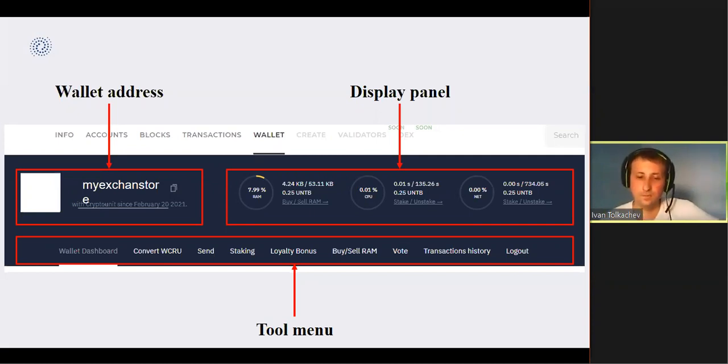We have the loyalty bonus function, with all the information about the bonuses accrued to your tokens. You can buy and sell RAM. Then the next one is to vote. We have the history of transactions, all these tools that are already available on the Cryptounit blockchain.